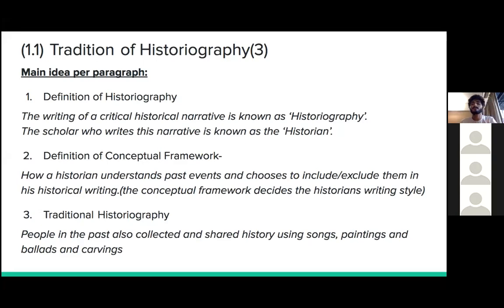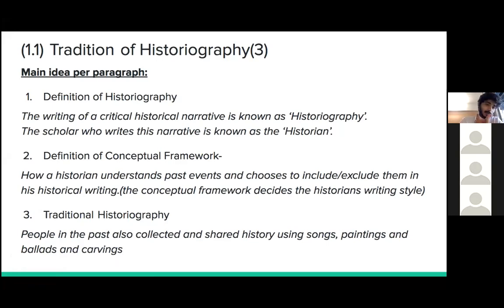So they had lots of different ways of recording history. That was not the same as how it is today, but the idea that should come through to you is that even in earlier times people kept a record of history, right? How? Through songs, through paintings, through ballads and carvings, right? So this is what we need to capture in tradition of historiography.